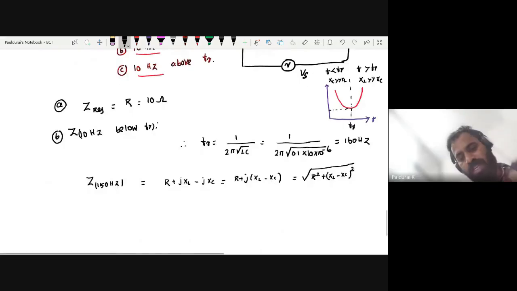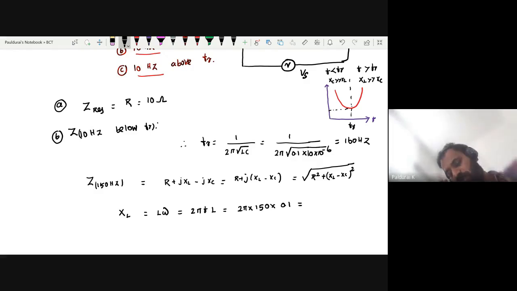Now listen. What is XL at 150 hertz? XL equals L omega, where omega equals 2 pi f, so 2 pi f L. 2 pi is constant, here frequency is 150, inductance 0.1 Henry. What is this value, anyone?